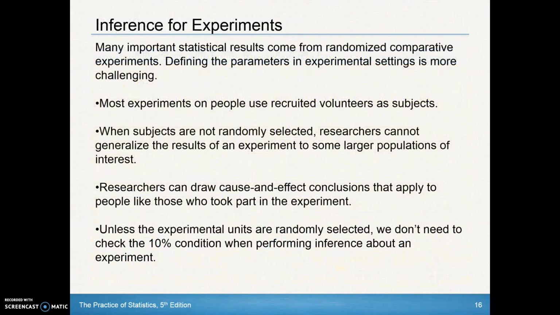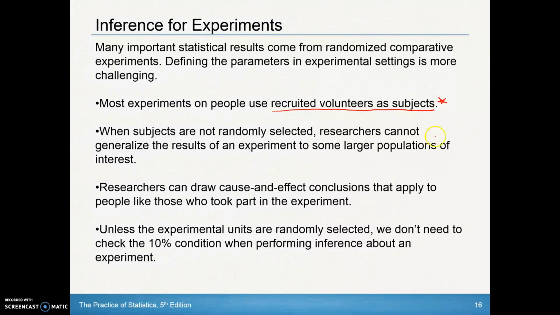Many important statistical results come from randomized comparative experiments. Defining the parameters in experimental settings is more challenging. Most experiments on people use recruited volunteers as subjects, so it is important that we randomize the assignment of the treatments. When subjects are not randomly selected, researchers cannot generalize the results of an experiment to some larger population of interest.